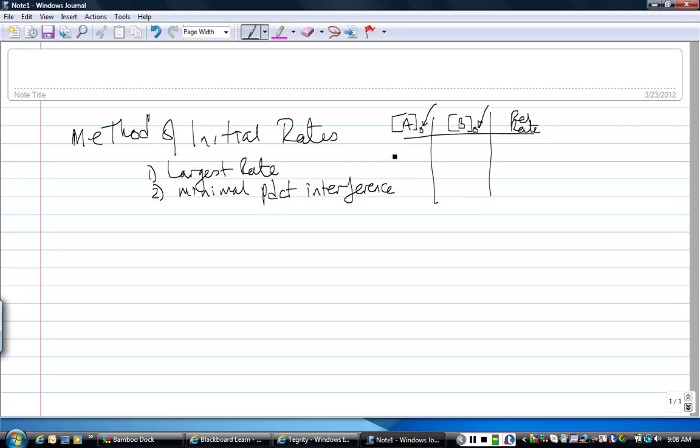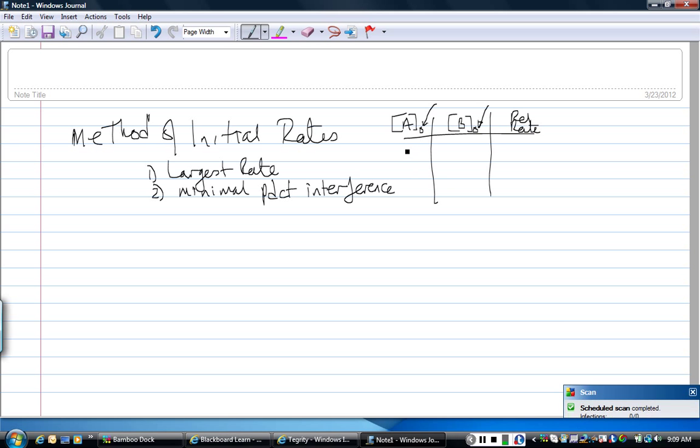We said that normally when we're doing these experiments in practice, we would vary the concentration of one reagent and keep the other one constant. This is typical scientific methodology. You vary one variable at a time and study the other.